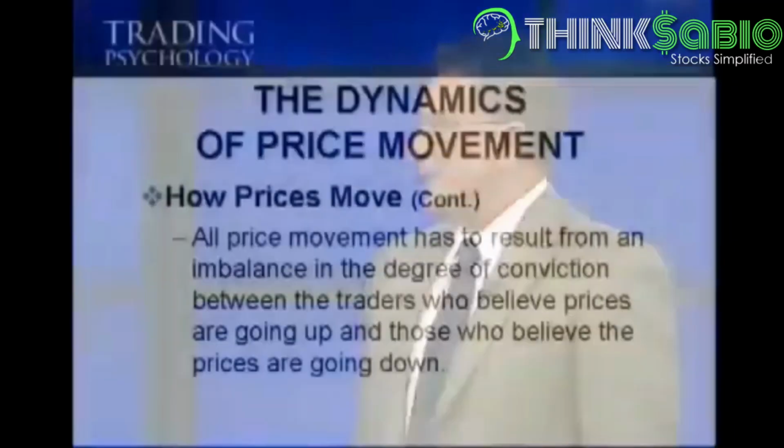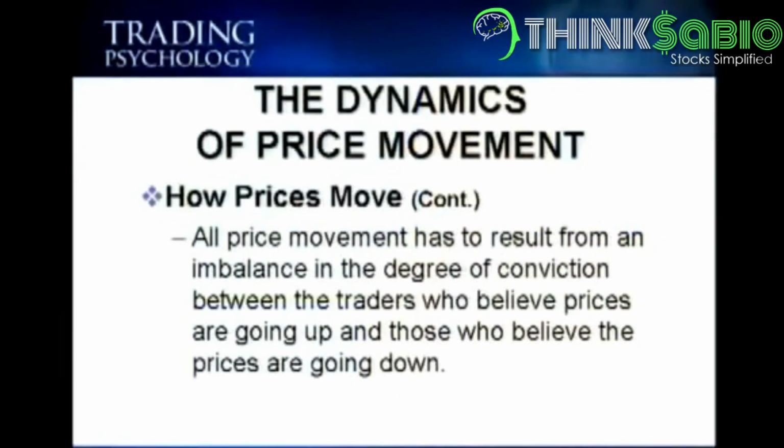So basically, all price movement has to be a result of an imbalance in the degree of conviction between the traders who believe that prices are going up and those who believe that it's going down. That is the only way that prices move. It doesn't matter what reasons people tell you about why they did what they did, or what reasons you hear on CNBC about where the market is and why it went the way it went.